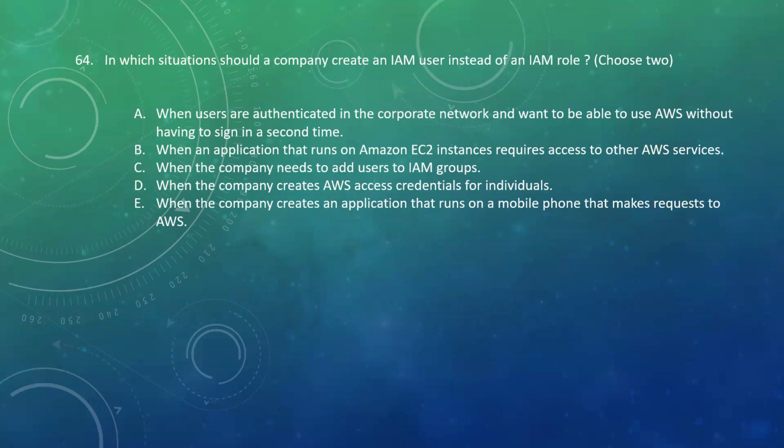Option C, when the company needs to add users to IAM groups. Option D, when the company creates AWS access credentials for individuals. Option E, when the company creates an application that runs on a mobile phone that makes requests to AWS. So the right answers are option C and option D.